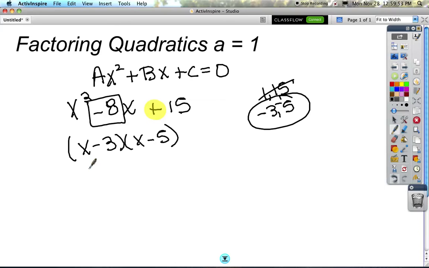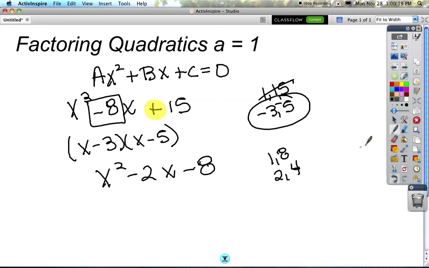Okay. Now let's do one in which we subtract. All right, x squared minus 2x minus 8. So the first thing you want to do, list your pairs that multiply to get 8. 1 and 8, 2 and 4.